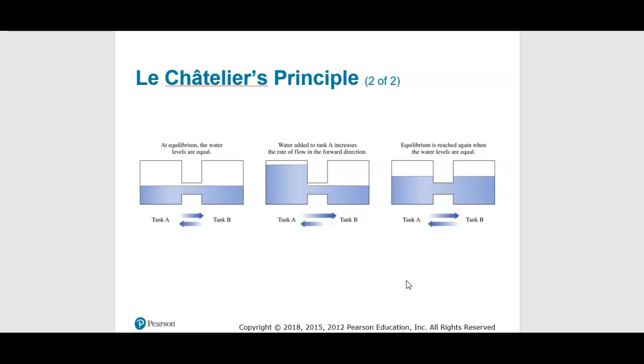And you suddenly open the middle channel, you're going to get to a situation where the water levels are equal again.